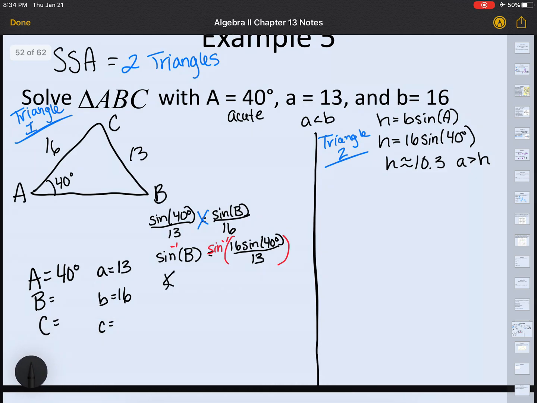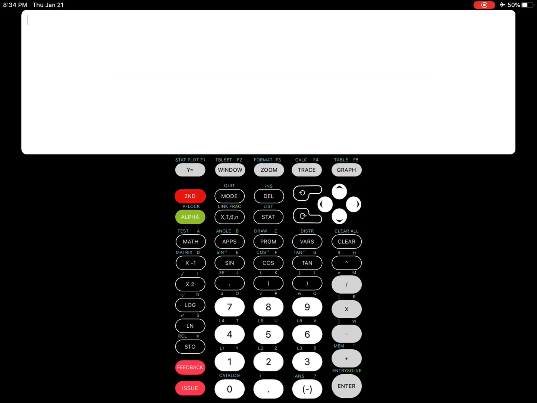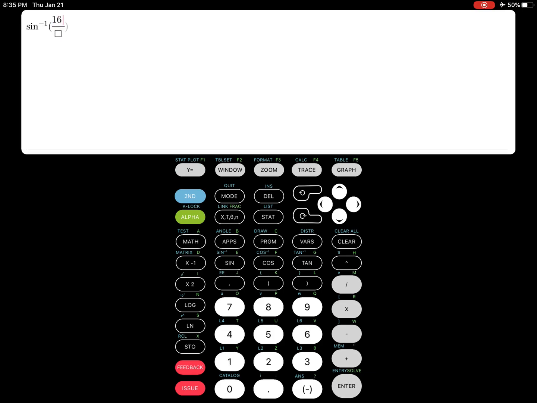So angle B equals sine inverse of 16 sine 40 all over 13.